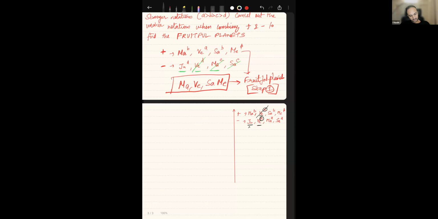Next, we take Mars here. The power is higher here, so this cancels out this one. Saturn, again power is higher, so this Saturn cancels out this one. This Mars cancels out this one. And then in this case, your net fruitful planet will only be Mercury. There'll be nothing else.